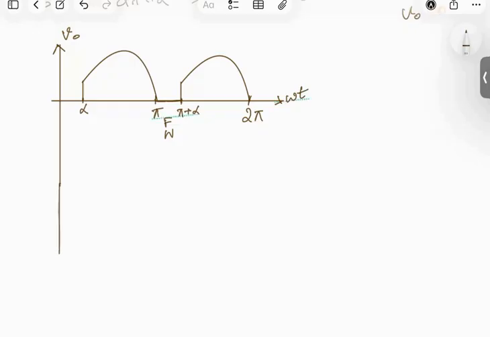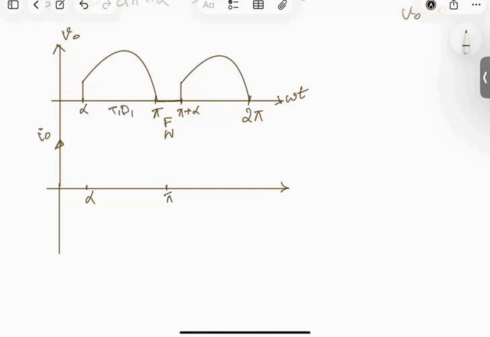And the output current waveform will be as follows. From alpha to pi, the T1 and D1 combination is conducting.